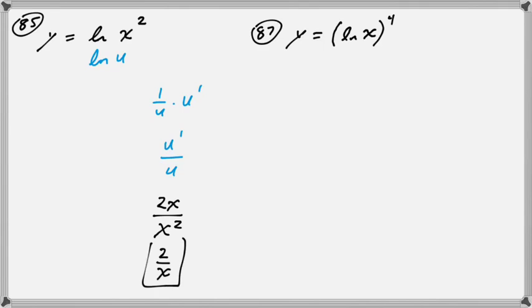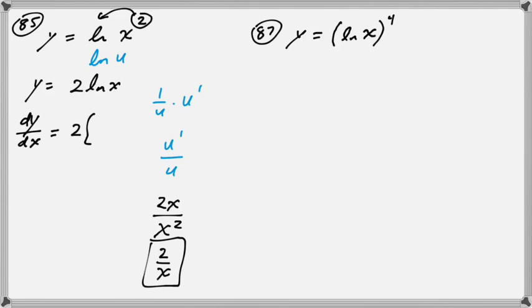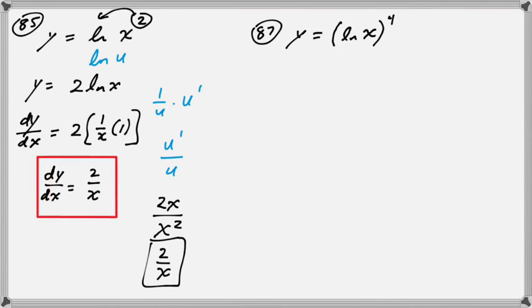So you'd simplify and get your answer. I'd rather you know your properties. Can I pull the exponent out front? And now do I know what the derivative of natural log of x is? 1 over x times the derivative of x. So either way, we should end up with an answer for the derivative that is 2 over x.